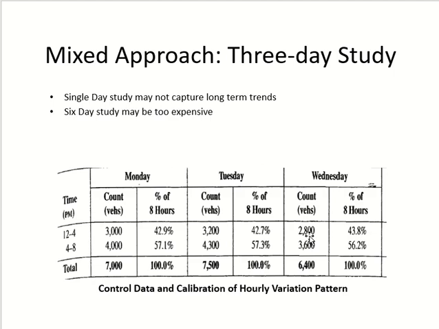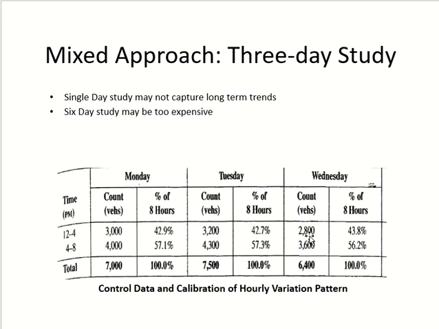Now, for the control location, they took 4 hours data, 4 hours data, total 8 hours. You can see the total in the bottom row. Total is here, right? Total of first day 7,000, total of second day 7,500 and so on. Clear? Okay. With each value you see its percentage out of the total.